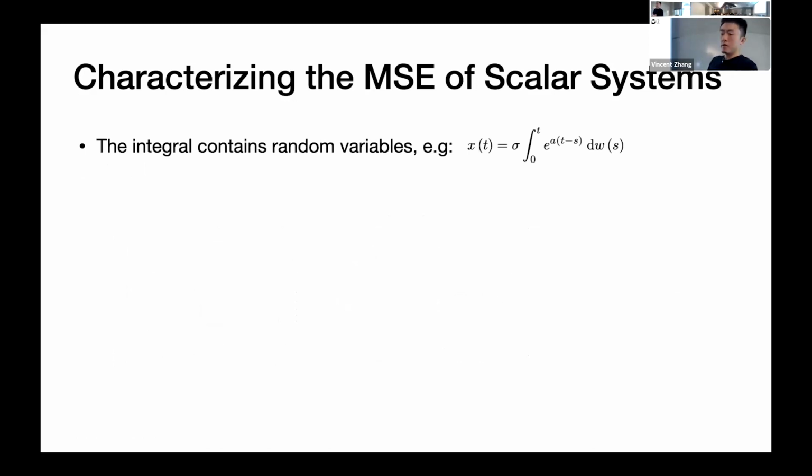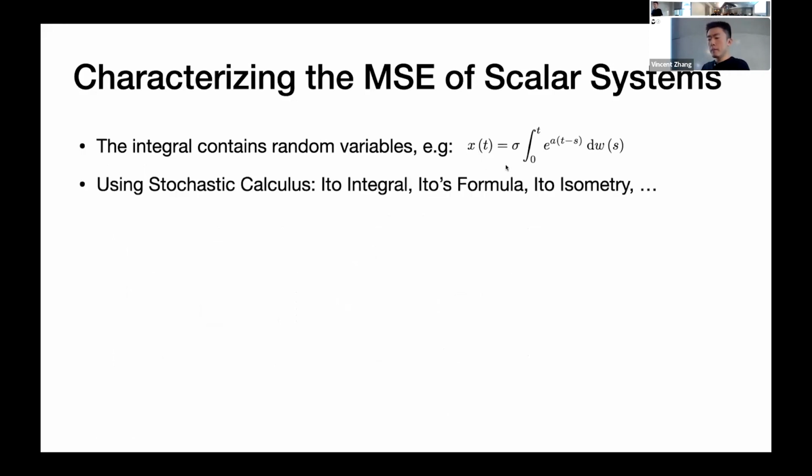As I said earlier, now the integral contains something random, and then we need some different machinery to handle that. We have this closed form expression for xt. And the machinery we used is called stochastic calculus. There are different terms here; for people who are not familiar, you can look it up.